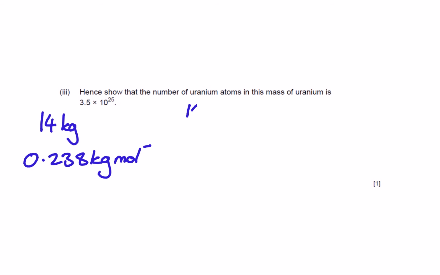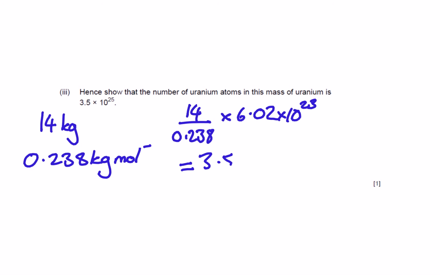So if I go 14 divided by 0.238, that will tell us the number of moles. And then if I multiply that by Avogadro's number, 6.02 times 10 to the 23, because there's this many atoms in a mole, that will come out as 3.5 times 10 to the 25 atoms.